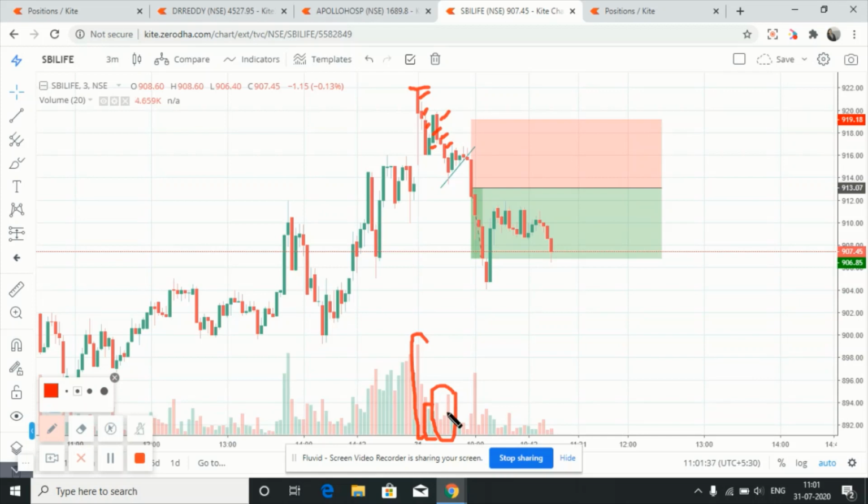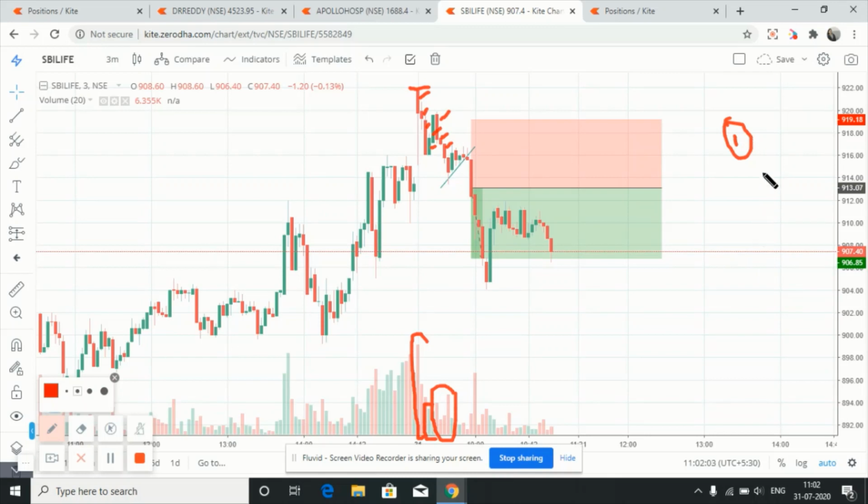So this is the first reason for going towards the selling side based on volume confirmation. We get an idea of increased selling pressure in SBI Life stock.